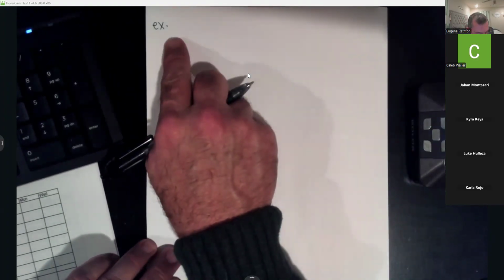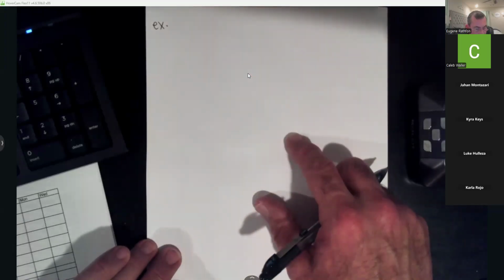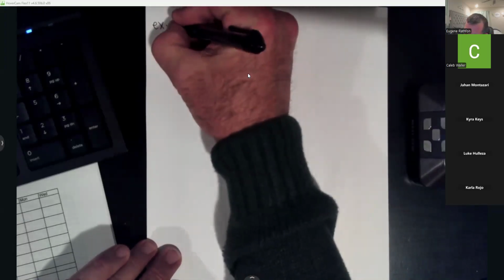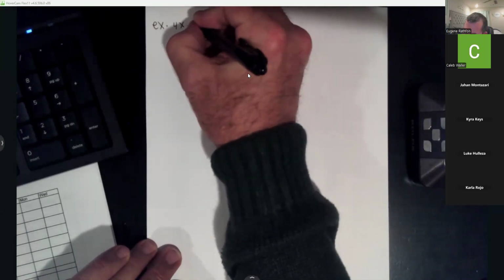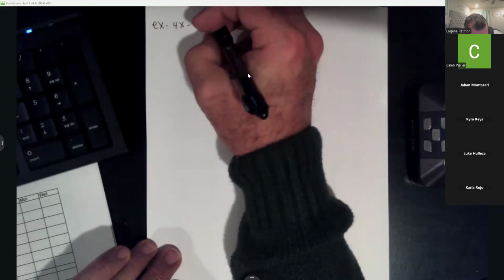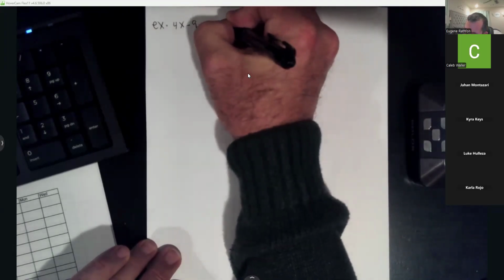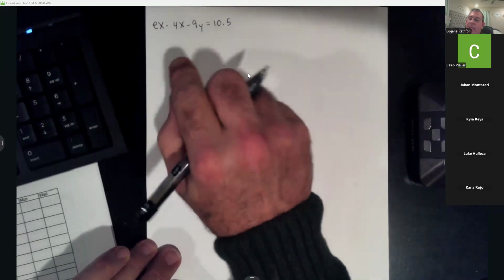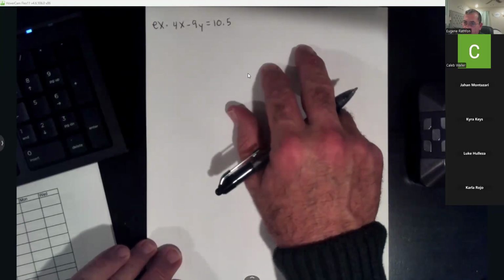All right, y'all, so the next example, I'll do this one and then we'll get into the 3 variables, okay? So 4x minus 9y equals 10.5. Now, this one's decimals. It's the only problem where you got to worry about decimals.